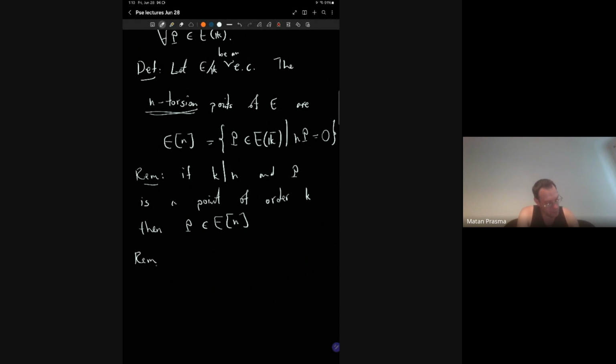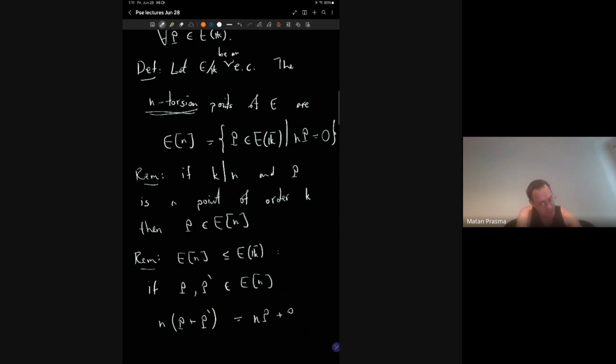Moreover, E[n] is a subgroup of E(K bar), because if P and P prime are in E[n], and I add them together, and then I multiply by n, by the distributivity law, it's nP plus nP prime, which is 0 plus 0, which is 0.